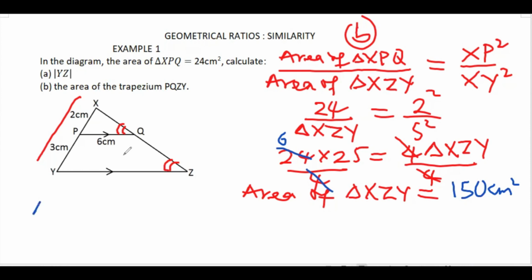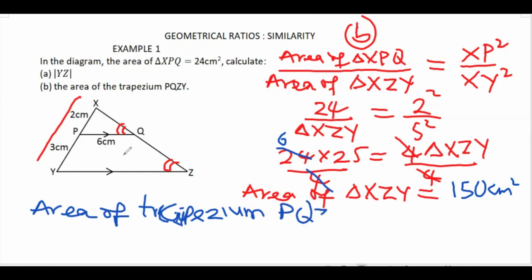Therefore, to find the area of the trapezium PQZY, it equals the area of the whole triangle, 150, minus the area of the smaller triangle, 24. And that should give us 126 centimeters squared. So that's the end of this example 1.